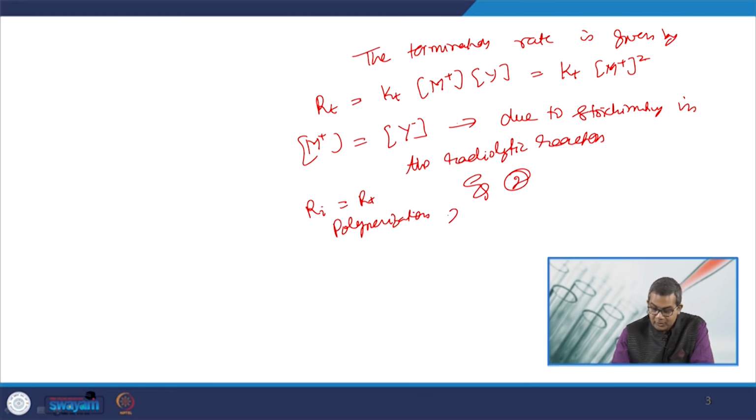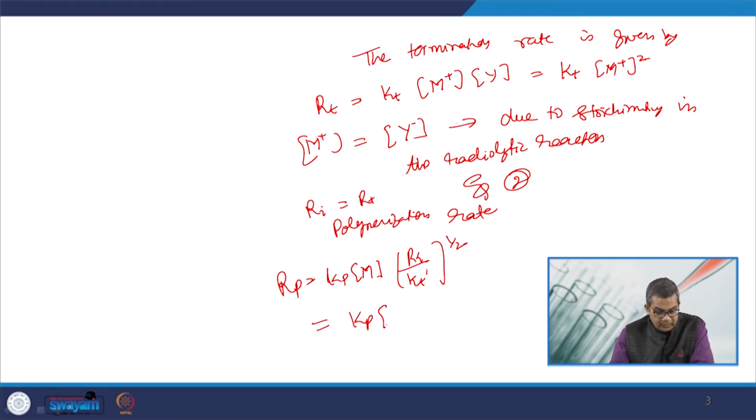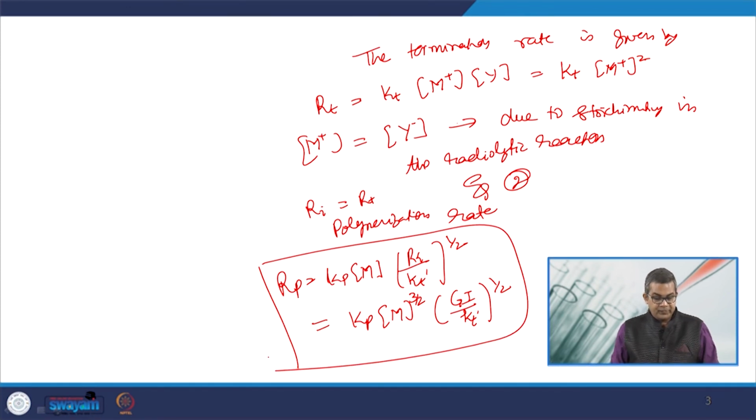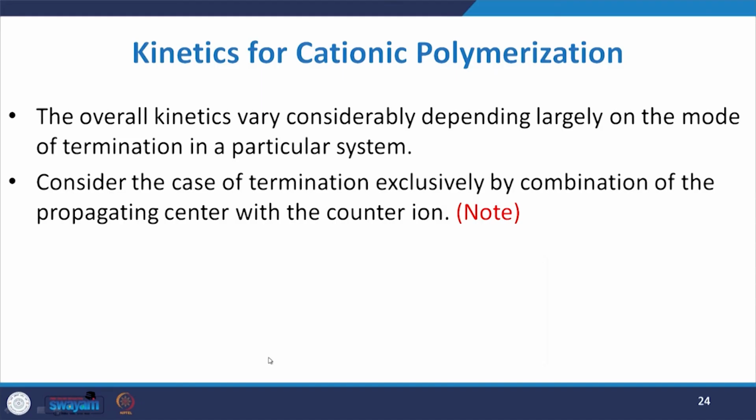Then it is represented as Rp is equal to Kp M Ri upon Kt dash to the power half, or Kp M to the power 1.5, then G I, in the usual notation, to the power half. So, this is my polymerization rate.